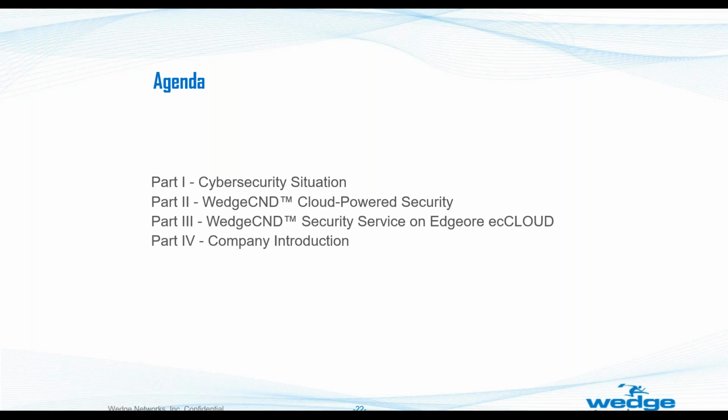In the third part, I will go over how WedgeCND provides cybersecurity protection for Wi-Fi users through the Edgecore ecCLOUD platform. Finally, I will close this presentation with an overview of our company, Wedge Networks.